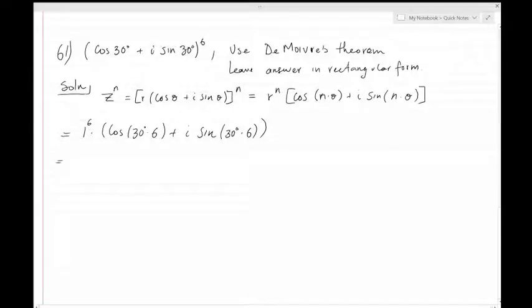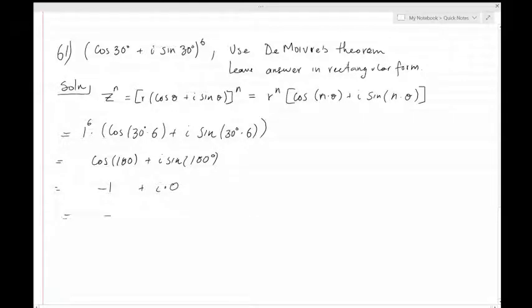Well, 1 to the power 6 is just 1, or we don't have to write it. And then inside we have cosine of 180 plus I sine of 180 degrees. Next, we're going to evaluate cosine at 180 degrees, which gives us -1 plus I times 0.